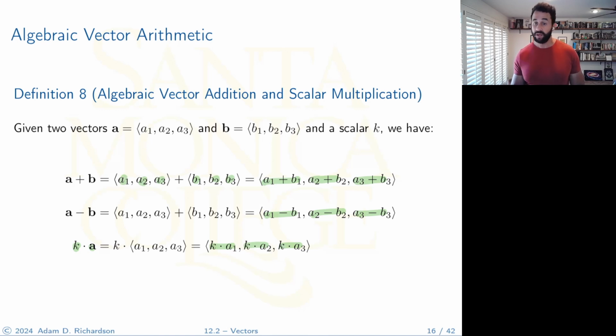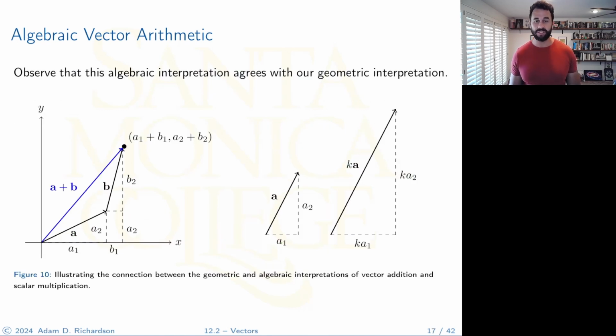One of the cool things is that this totally agrees with our geometric interpretation. Here is the vector a plus b. Here's the vector a, here's the vector b. We saw how to add those geometrically to get that vector right there. Let's look at the corresponding components. This is the component a1, and this is the component a2. This is the component b1, and this is the component b2.